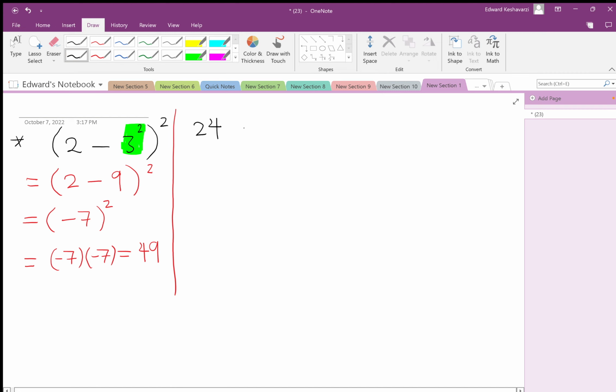24 divided by 2, times the bracket of negative positive 3, minus negative 7, to the power of 2.